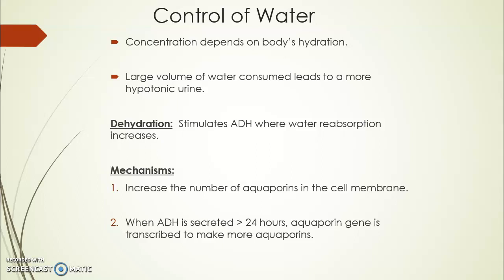So if water uptake needs to occur, the antidiuretic hormone works by increasing the amount of aquaporin proteins within the kidney cells, which increases water uptake in the transcellular route.